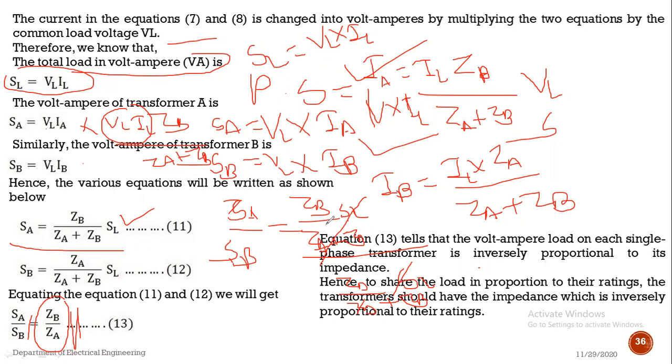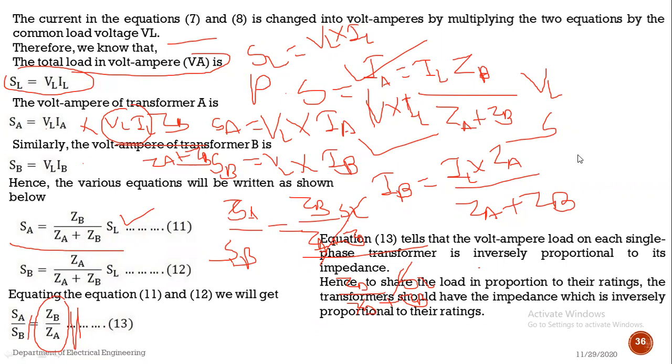Okay, so जसा current inverse proportion मध्ये आहे, so similarly the kVA rating or volt ampere load of each and every transformer, it will depend upon their kVA rating and it will be inversely proportional to their respective load impedance.